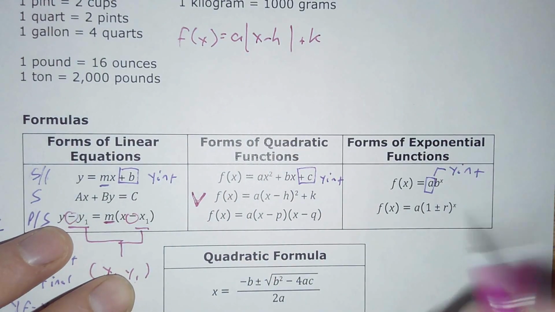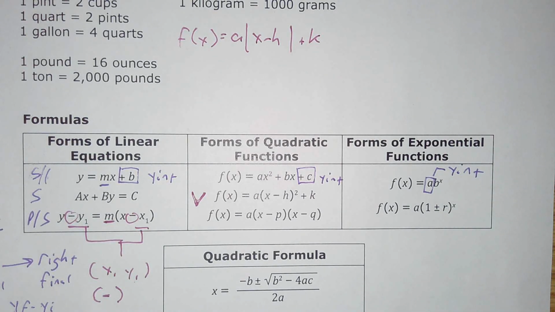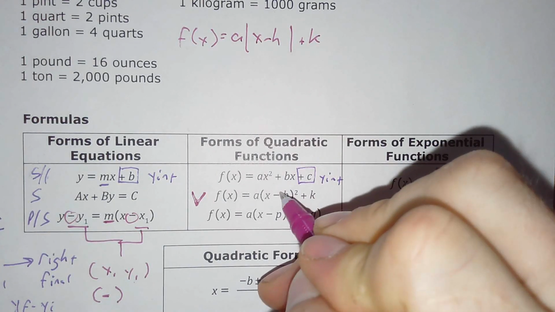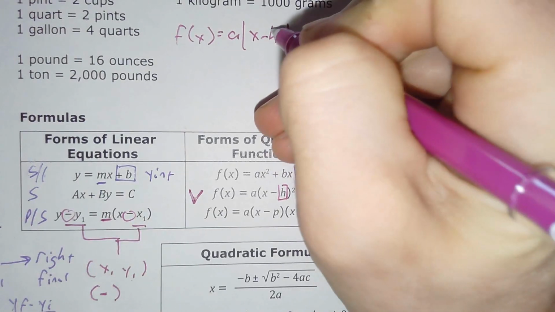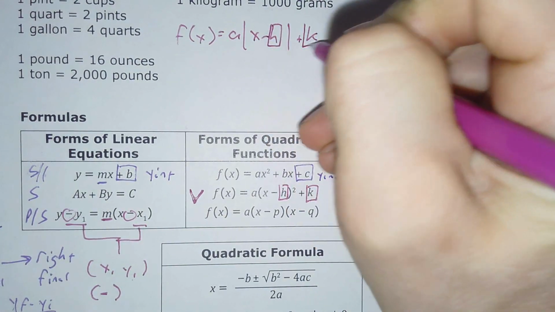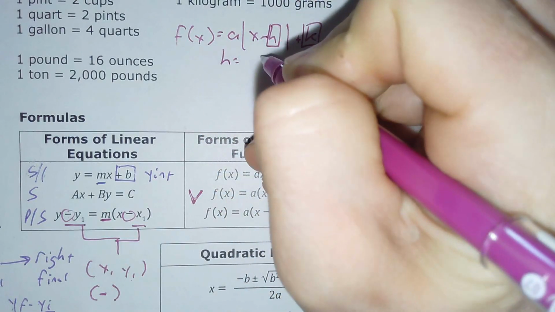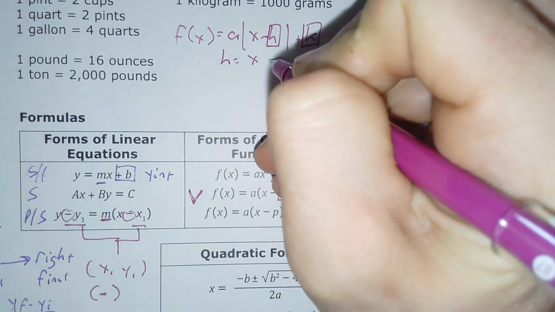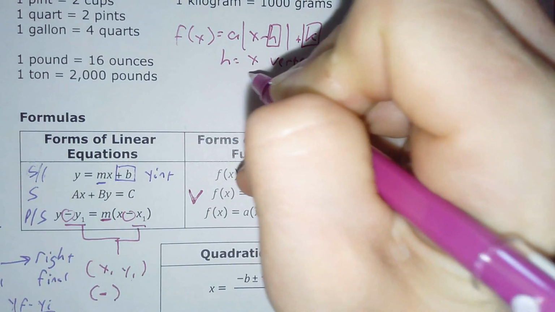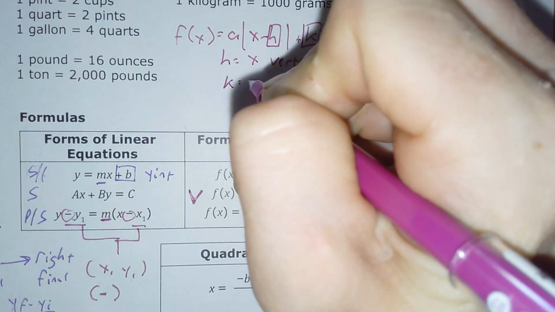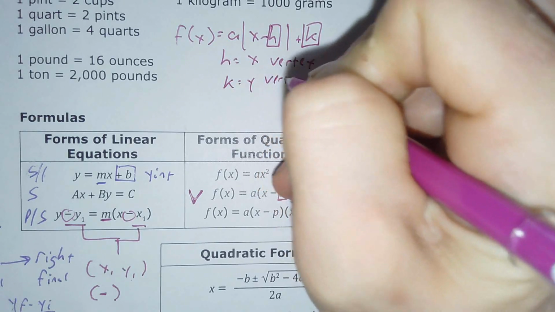Right, and recognizing here that your h and your k values for both of these, h is the x of your vertex, and k is the y of your vertex.